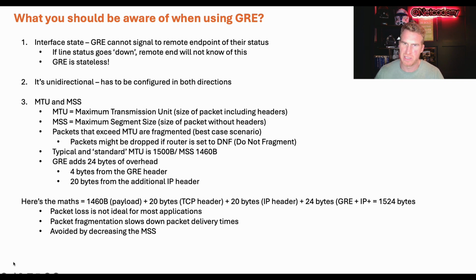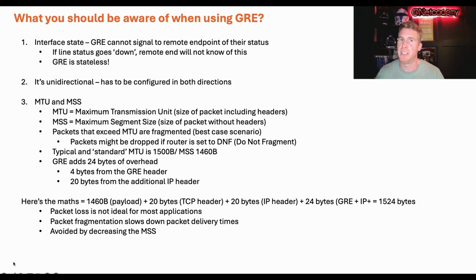So originally starting with 1460 bytes for the maximum segment size, it will then be 1524 bytes, which is way over the MTU, which is configured by default to be 1500 bytes.